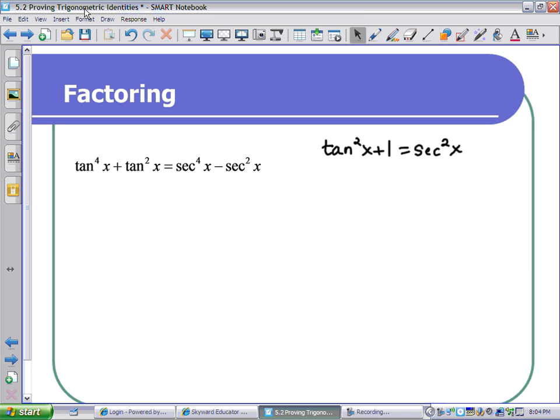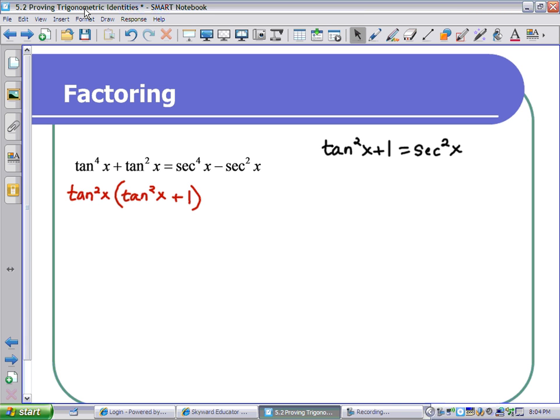So when I look at the left-hand side of the equation, I need to first factor out a tangent squared x. When I take tangent squared x away from tangent to the fourth x, I'm left with tangent squared x. And when I take tangent squared x away from tangent squared x, I'm left with 1.